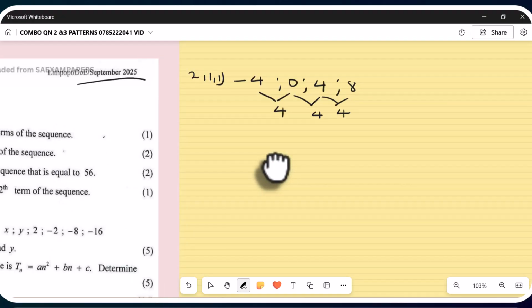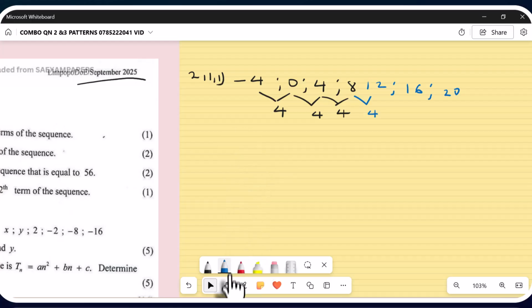And then 56 plus 8, what do you get? Calculators. You get 64. And then divide by 4 to get our n.